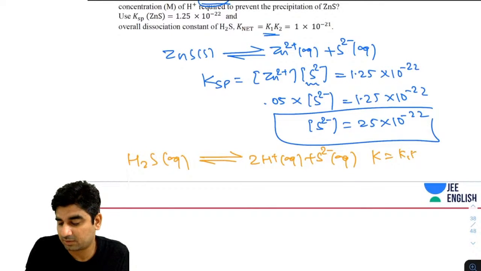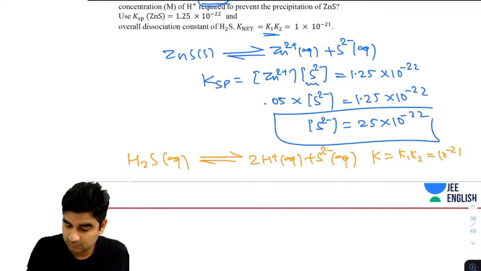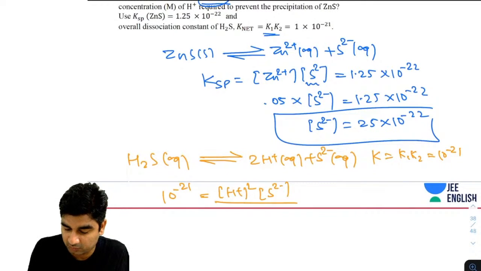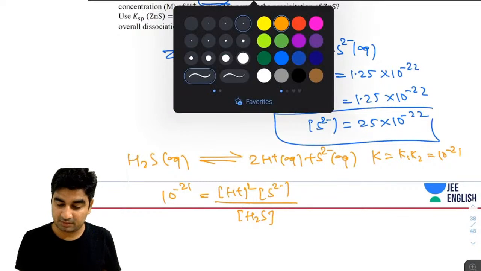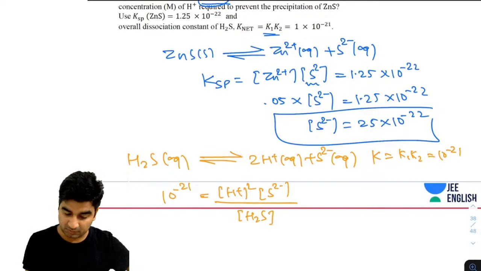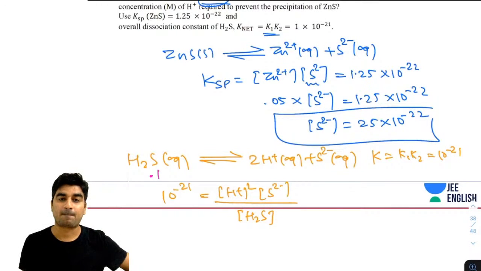K given as K1, K2. So 10 raised to the power minus 21 will be equal to H plus square into S2 minus over H2S. Are you getting it, guys? So once you are getting it, guys, you will be getting 0.1.